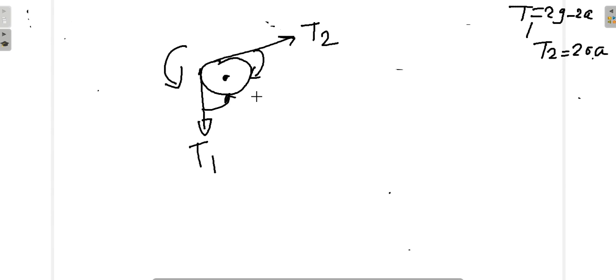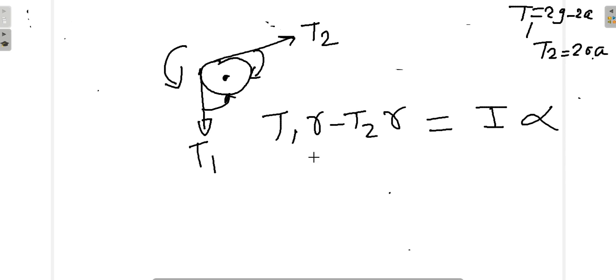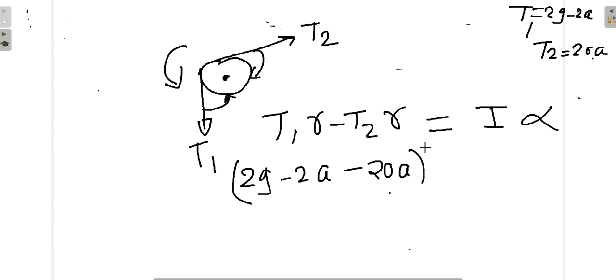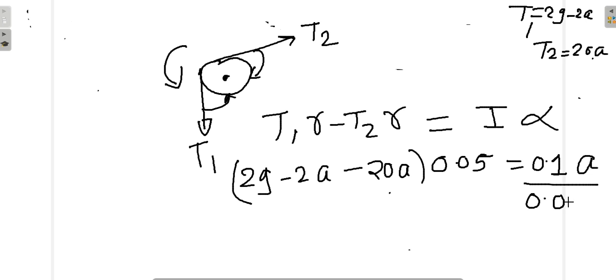The total torque will therefore be T1 into R minus T2 into R, and that is equal to I alpha. Very simple relation. What is T1? 2g minus 2a. T2 was 20a. Radius is given 0.05. I is given 0.1. Alpha is a upon r, and r is again 0.05.